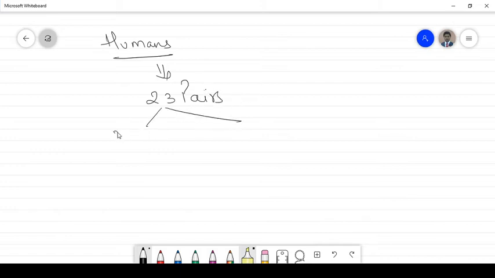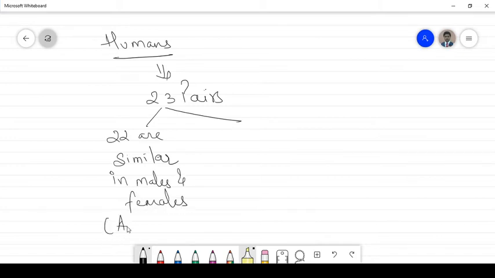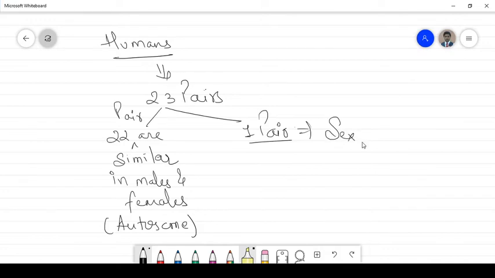Out of that, 22 are similar in males and females, and they are known as the autosomes. Whereas one pair is known as the sex chromosome.